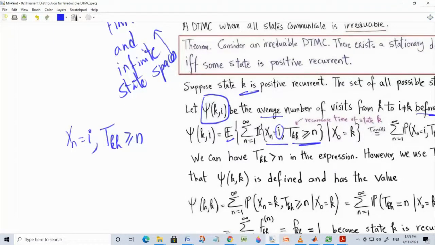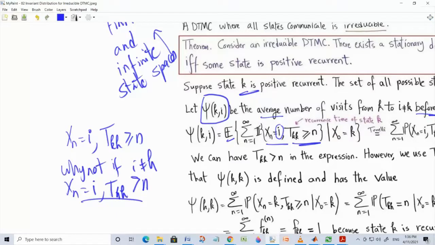Now you may ask: if I is not equal to k, why not write this as xn equal to I and tkk greater than n? It should be true like this, because if you know that xn is equal to I and I is not k, then you know that k is not revisited in n steps.